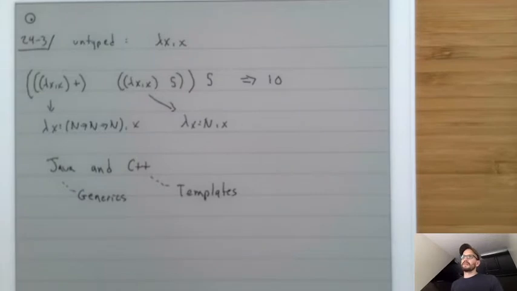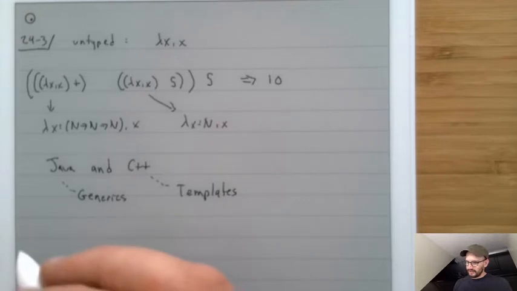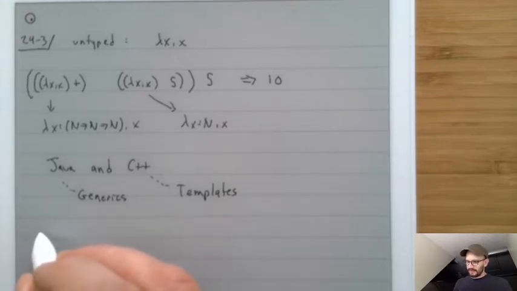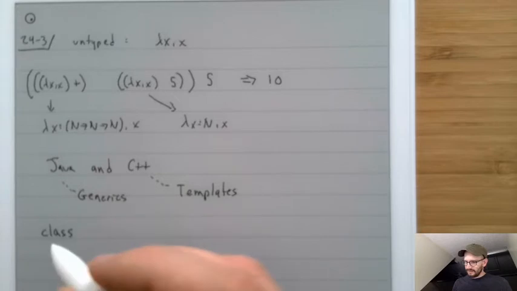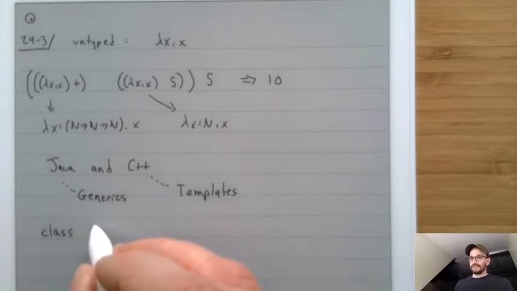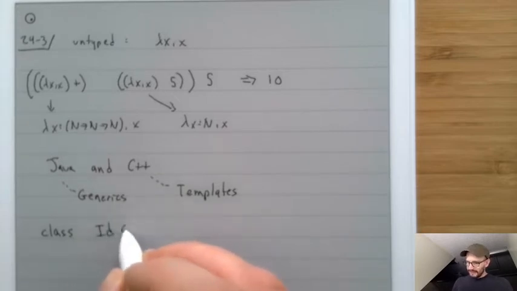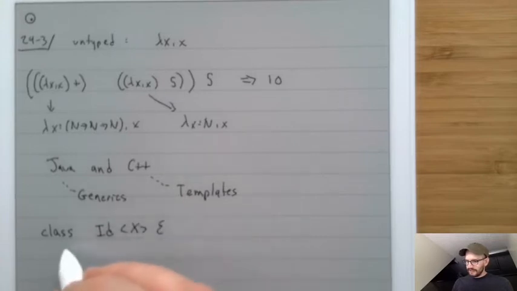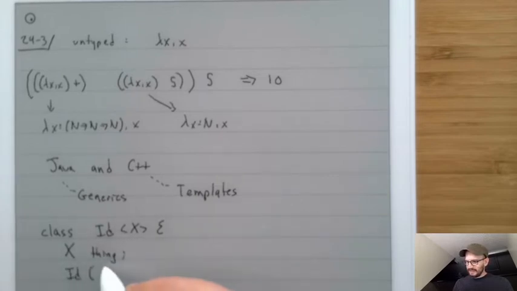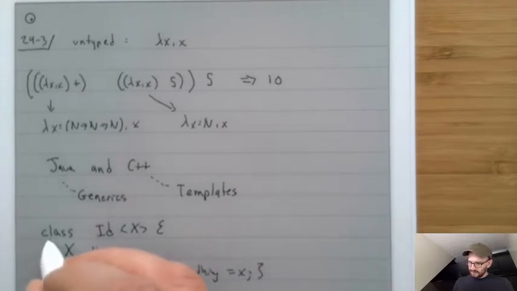For example, in Java, I could have a class called the ID class, parameterized over an x, and I could say that it had an x, which was the thing, and then I could write ID takes in x, and we say this dot thing equals x, and then these are public.